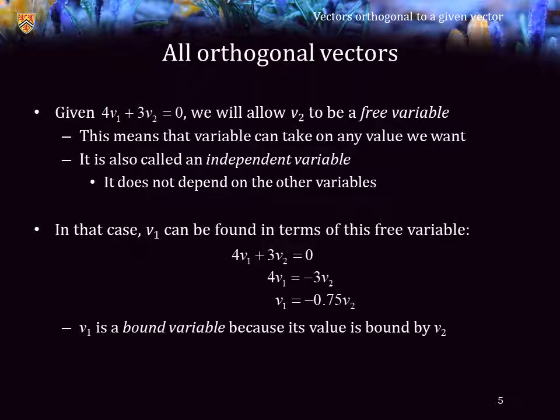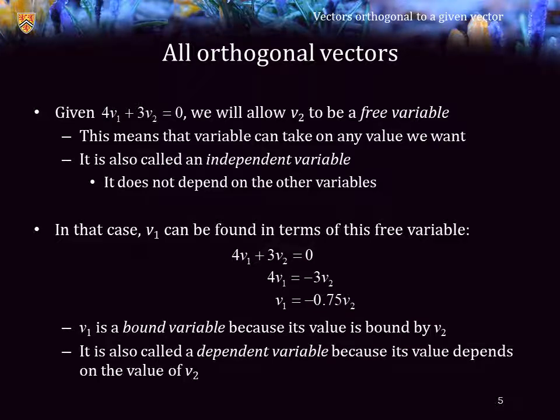Now, v1 is sometimes described as a bound variable because its value is bound by the value of v2. Alternatively, it is also called a dependent variable because its value depends on the value of v2. Change the value of v2, v1 must necessarily change.